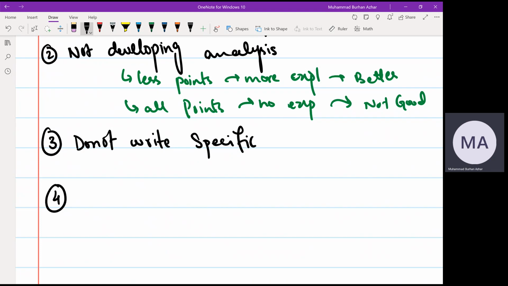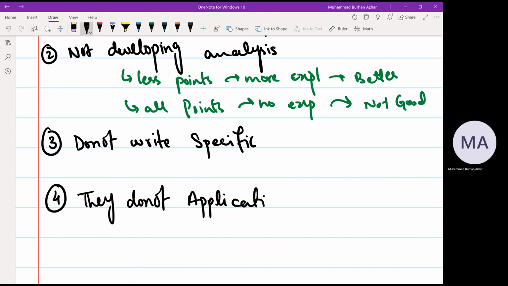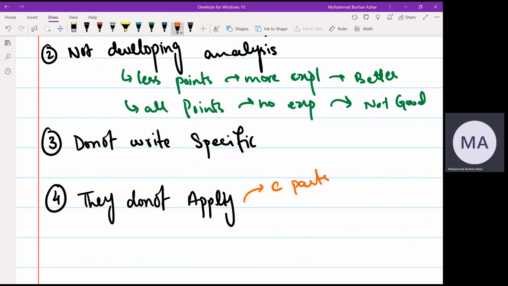important blunder that the candidates make is that they do not apply. Application marks are extremely important for your C part, which is 4 marks, and your D part.